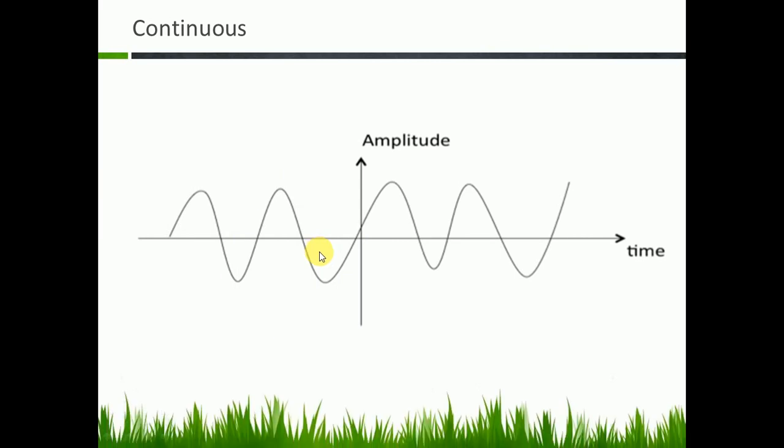If you look at this signal, which is the last of the four, you have a continuous signal. It's called continuous because it is continuous in the time domain. It is analog in the amplitude domain, but it is continuous in the time domain.